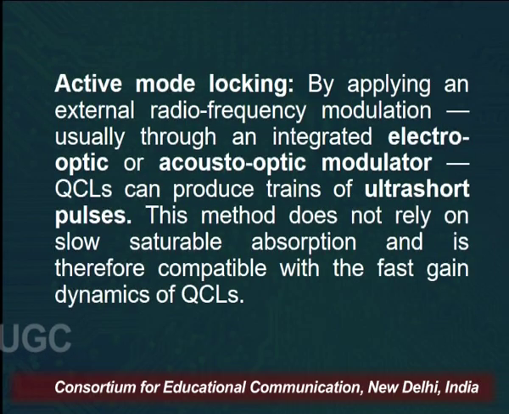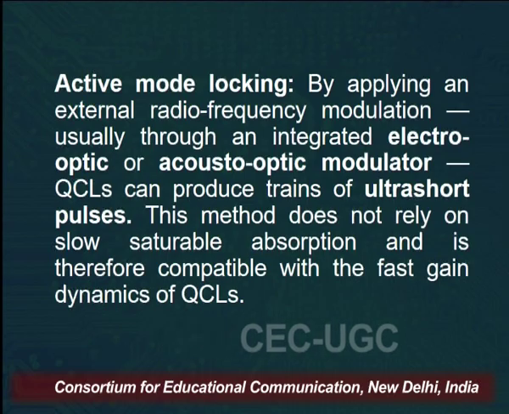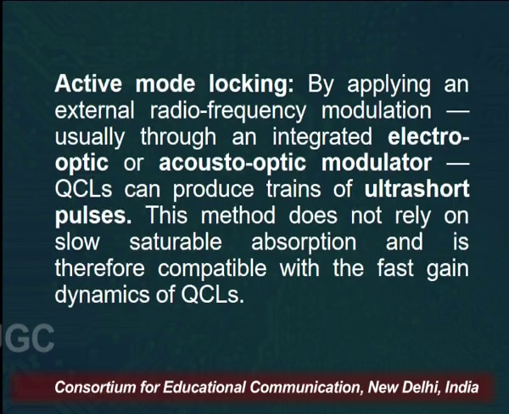First is active mode locking. What is active mode locking? By applying an external radio frequency modulation, usually through an integrated electro-optic or acousto-optic modulator, the QCL can produce trains of ultra short pulses. This method does not rely on slow saturable absorption and is therefore compatible with the fast gain dynamics of the QCL.